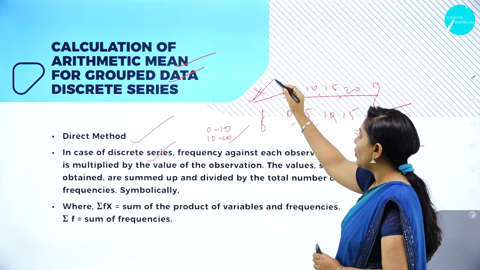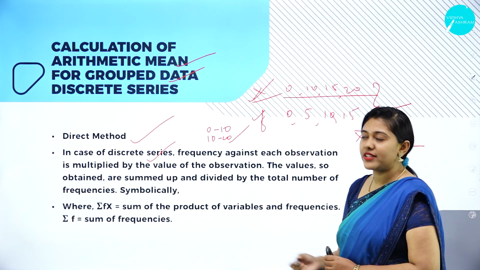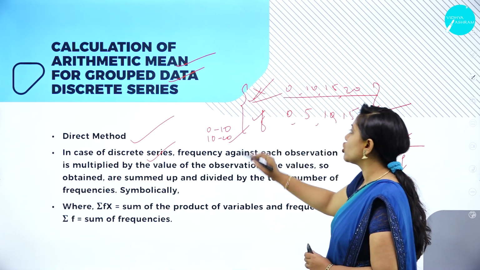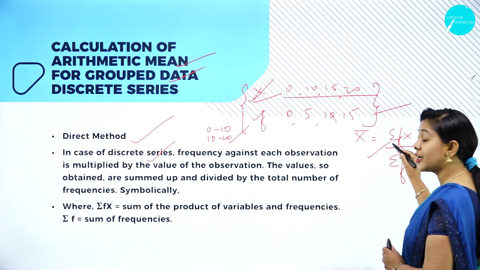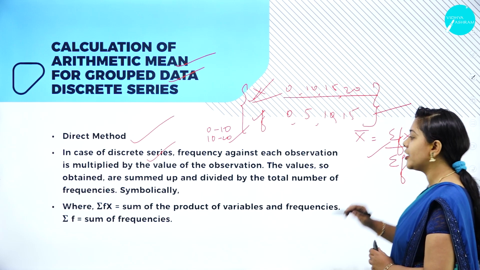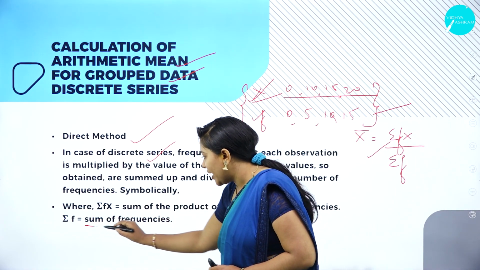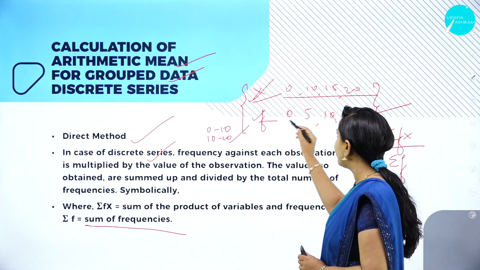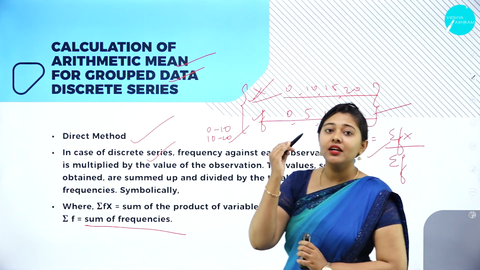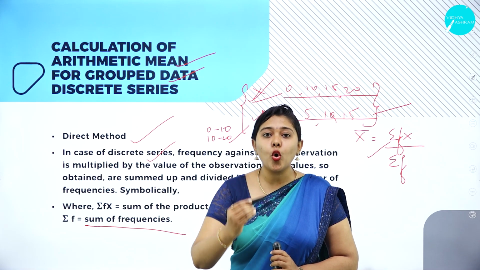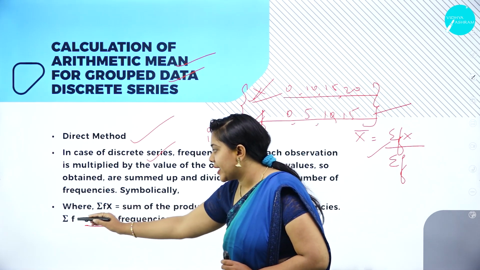So x is a variable, f is the frequency, the multiplication of this, and when you summarize the data you will get what? Sigma fx, and divided by sigma f, the summation of frequencies, if you add them all together, the total is what? Sigma f.